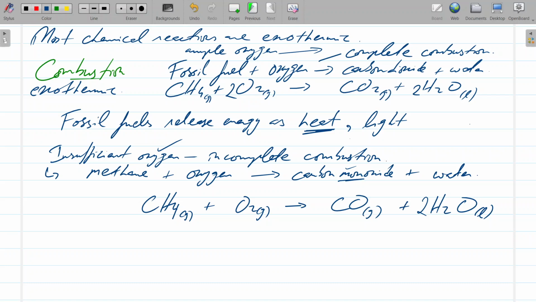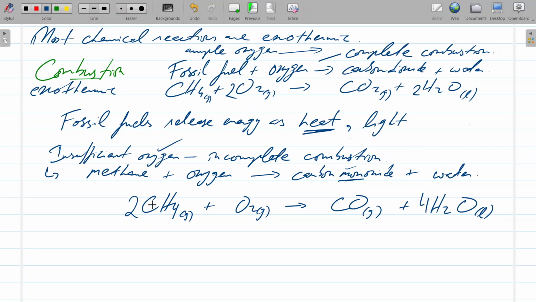We can add two for carbon on the reactant side. So that's giving me two carbons and eight hydrogens. If I'm getting eight hydrogens, we have to add four over here.